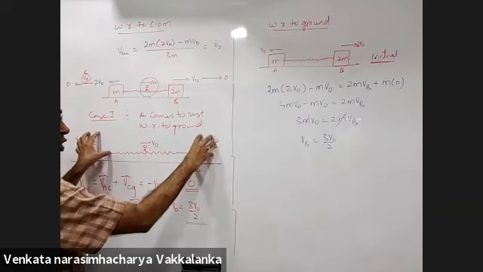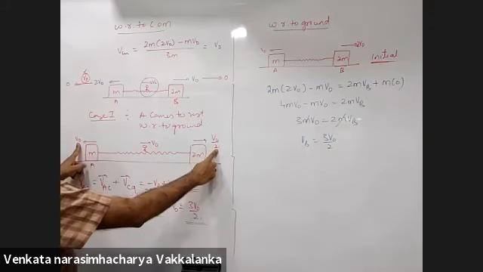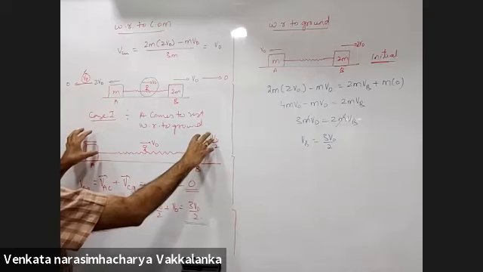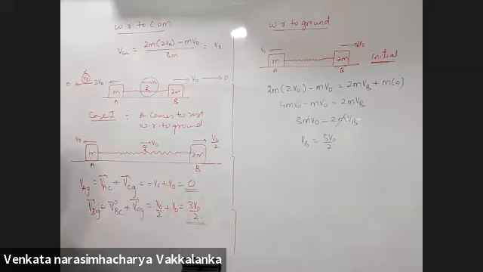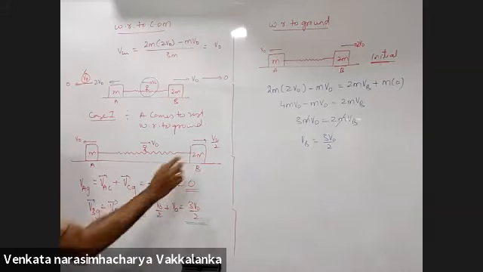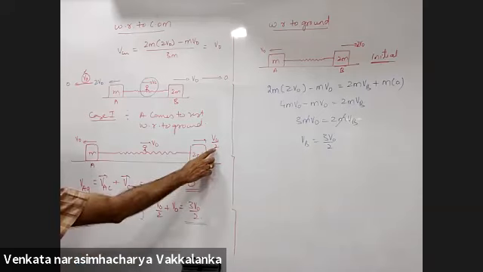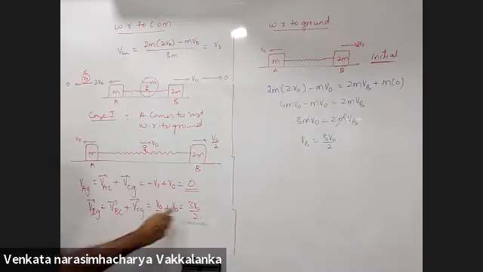Both the momentums should be equal. Yes, sir. m into V naught, 2m into V naught by 2. Summation of both the momentums are equal. I get V naught by 2. Now, how do I get the velocity with respect to ground? With respect to ground, velocity will be velocity of B with respect to center of mass plus velocity of center of mass with respect to ground.